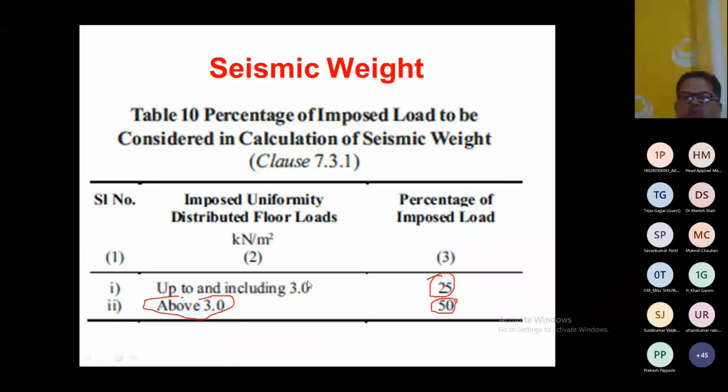Why are we considering the reduced live load? Can anybody explain this? Why are we talking about the reduced live load or reduced imposed load? We are not considering the full imposed load or full live load. What is the reason?